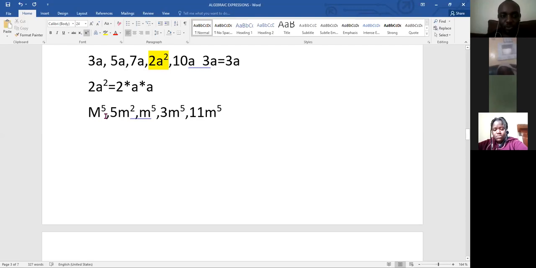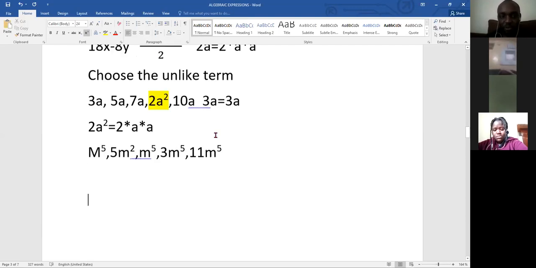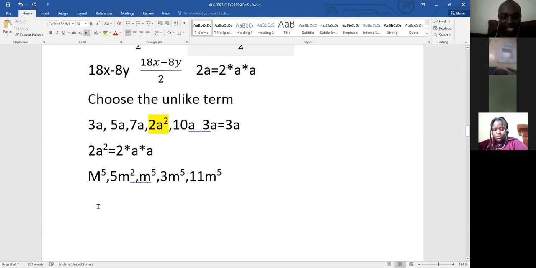So we have m to the power 5. M to the power 5 means m multiplied by itself 5 times. M multiplied by m, multiplied by m, multiplied by m.